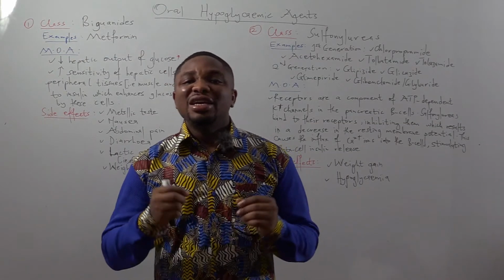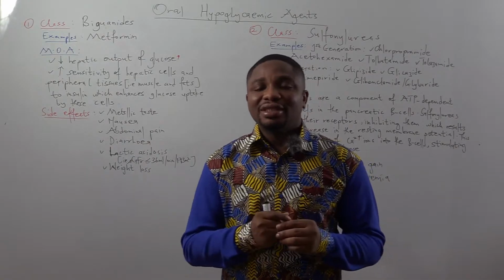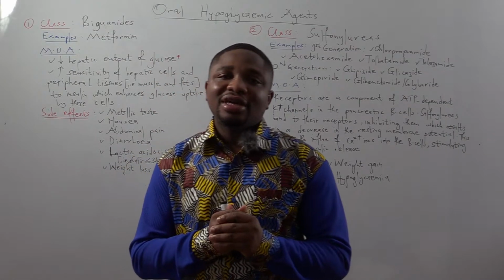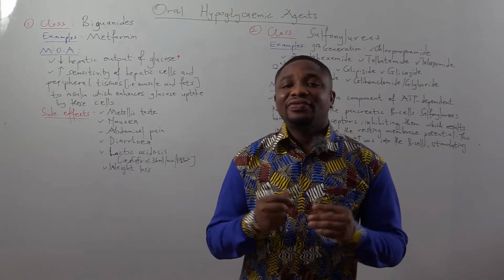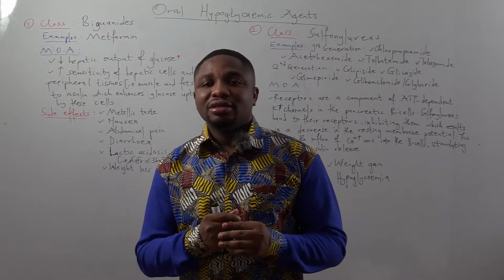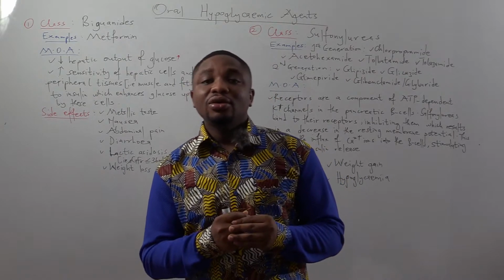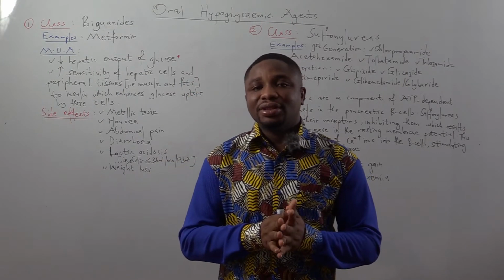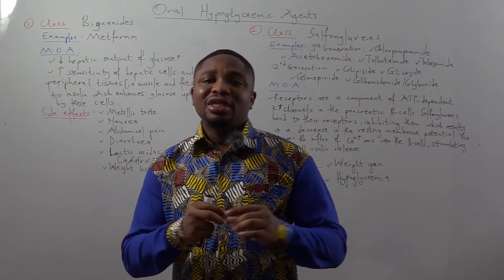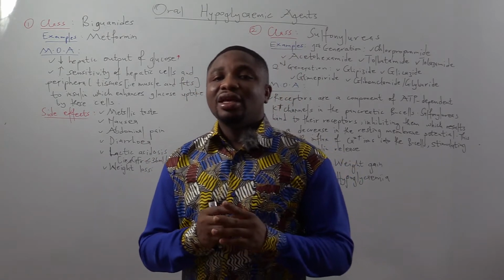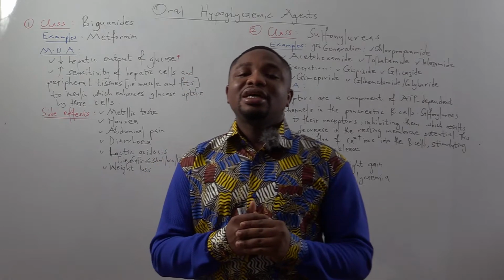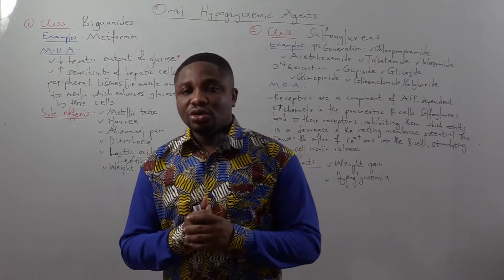Secondly, it increases the sensitivity of the hepatic cells as well as the peripheral tissues, that is the muscles and the fat, to insulin, enhancing glucose uptake by these cells. And that will constitute the minor mechanism of action. The main effect of metformin will be that it decreases the hepatic output of glucose.